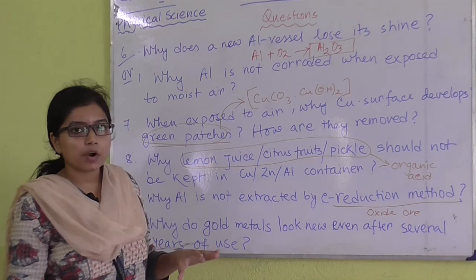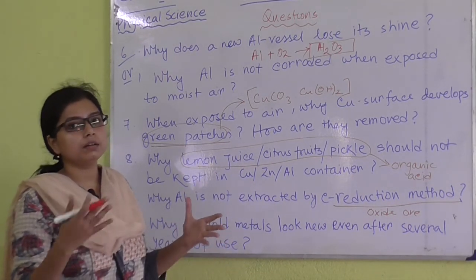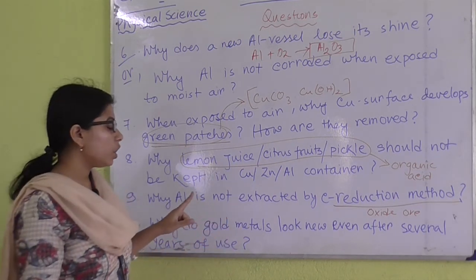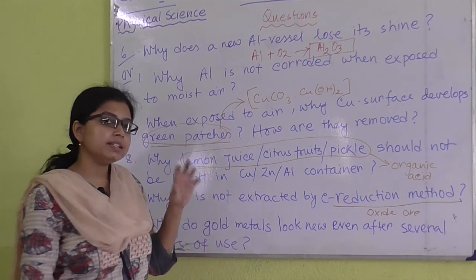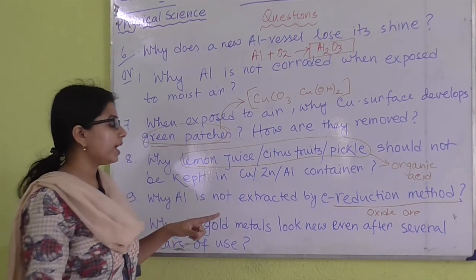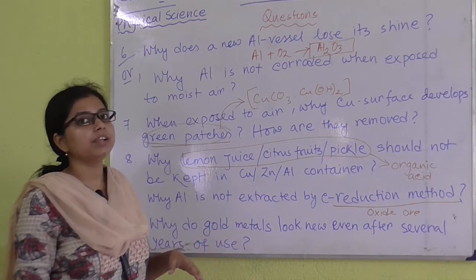In presence of moisture, in presence of any atmospheric reagent, gold does not react, and not only this, gold remains unreactive in presence of acid also. So that is why after several years of use, there is no change in the shine of gold materials.